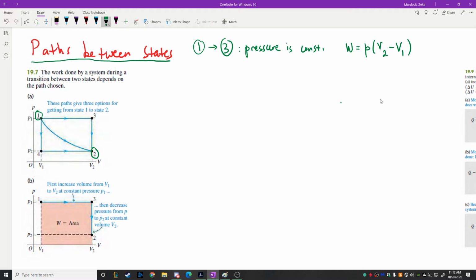What about from 3 to 2? What's constant between 3 and 2? Volume's constant.